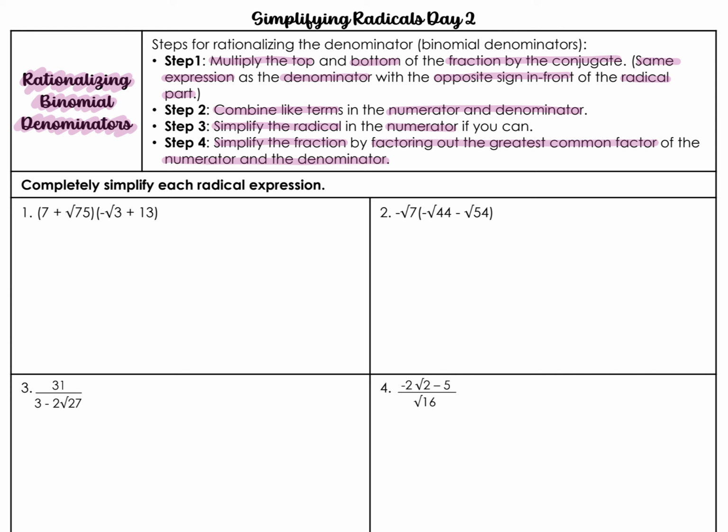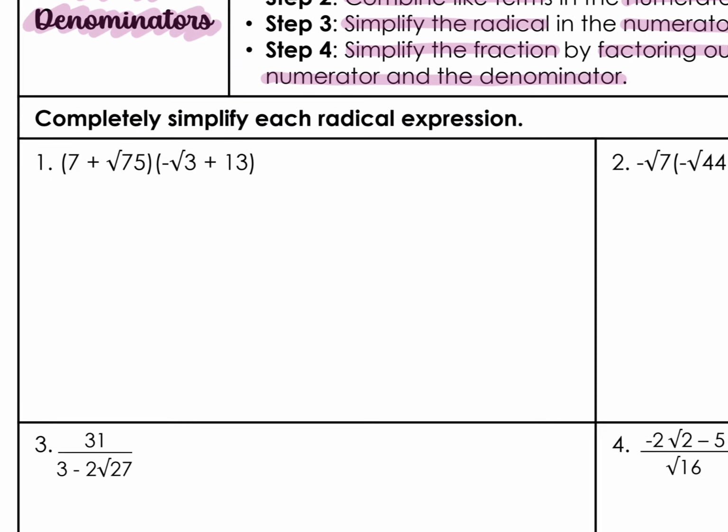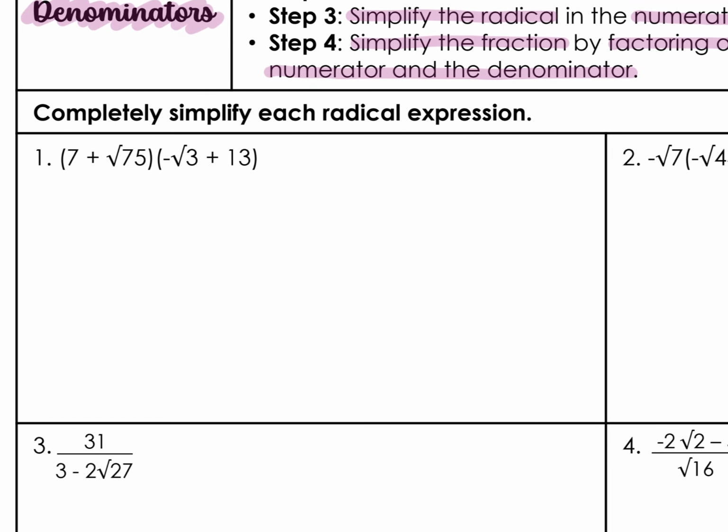All right, we're going to start off with our first 2 problems of just reviewing a little bit before we get into actually rationalizing the binomial denominators. We are going to completely simplify each radical expression.